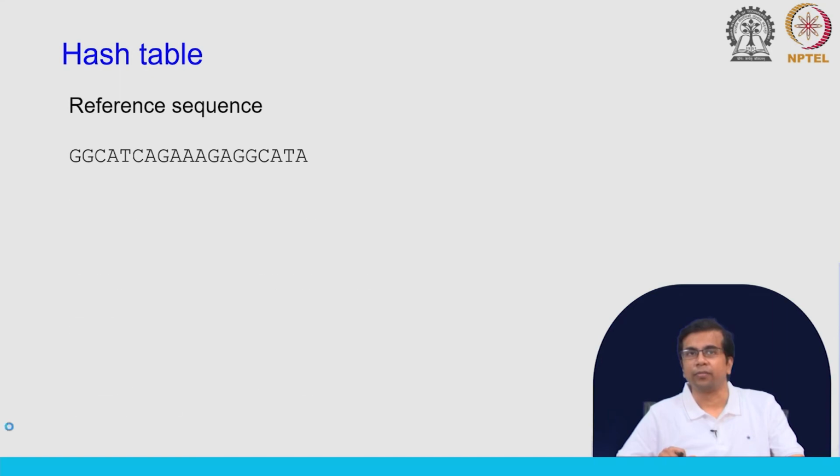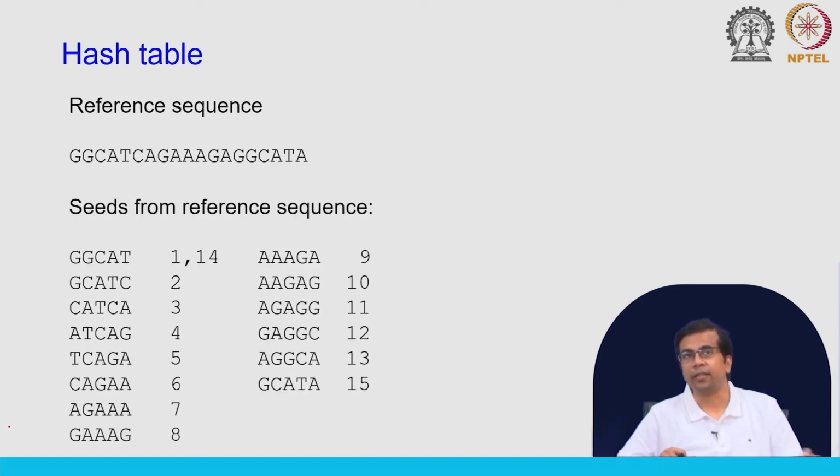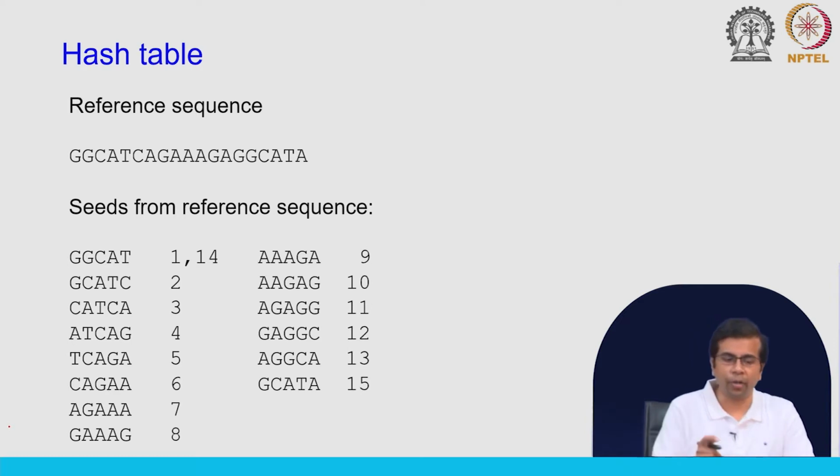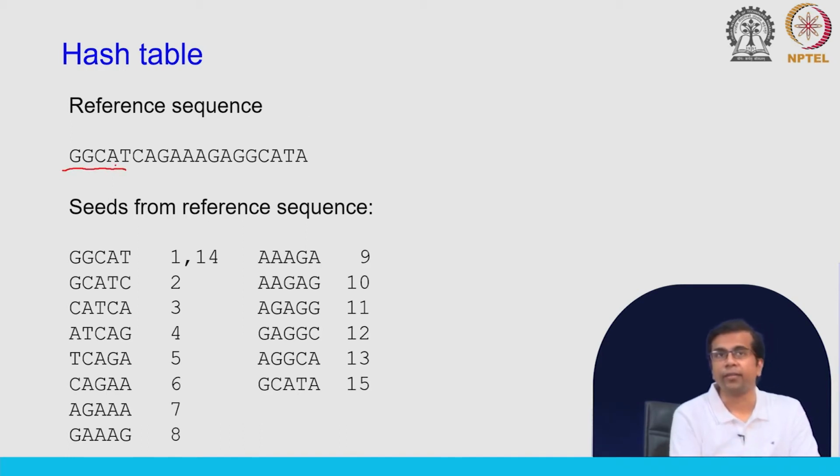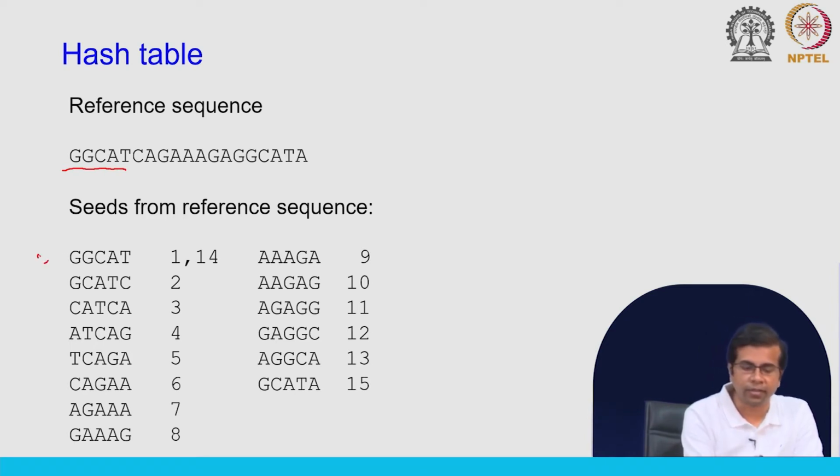Here are the seeds that we have extracted from the reference sequence along with their positions. If you look carefully at what we are doing, the size is 5, so we take the first 5 letters from the reference and we build this seed. This is the first key.